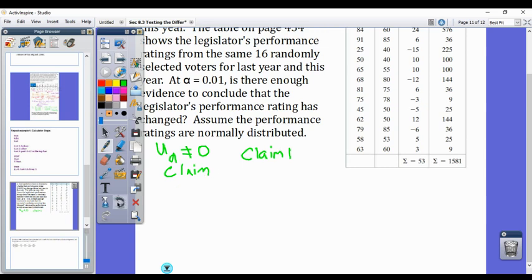And my null in this case is going to be that the difference is equal to 0, therefore there is no difference in her ratings. Okay, so this one is H naught and this one is HA. Okay, now we're on track.